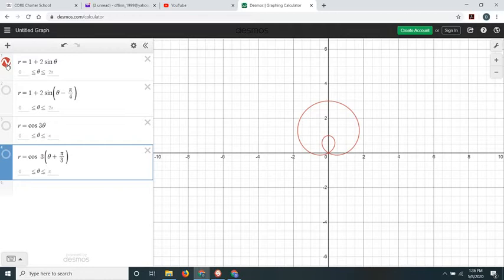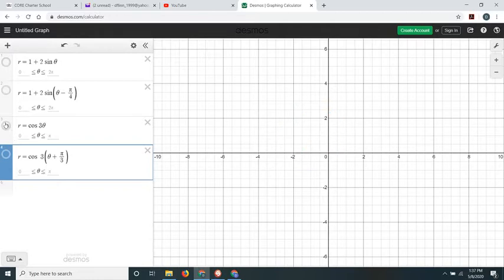So what are they asking us? 1 plus 2 sine theta. They're saying, what do you think is going to happen to it when I replace theta with theta minus pi over 4? So let's look and see. It looks like it got rotated counterclockwise by pi over 4. So that's cool, right? It just got moved over there.